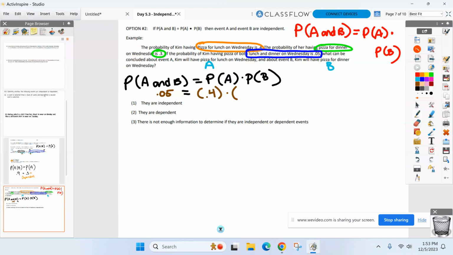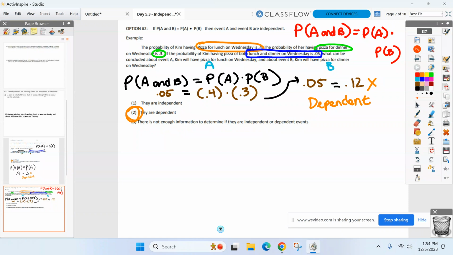If you look, it was 0.3. Well, let's see. Do they equal each other? Is 0.05 the same as, now grab your calcs, let me know what 0.3 times 0.4 is going to be. I have 0.12. So these are not equal to each other, so we say they are dependent of each other.